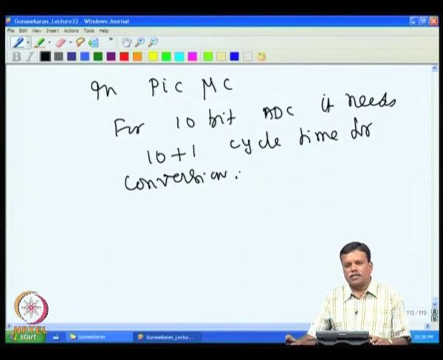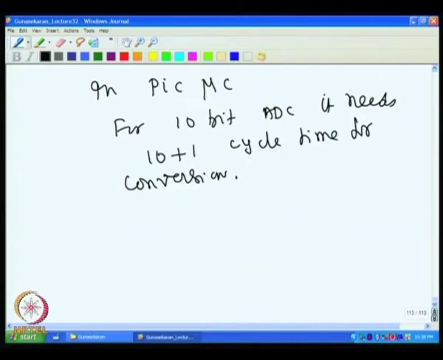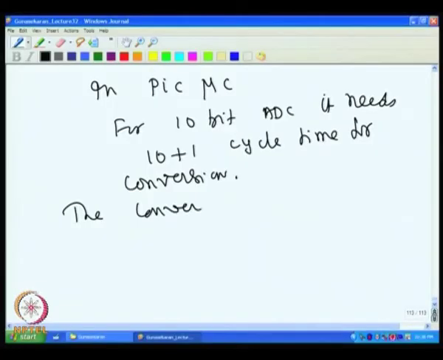So, at the end of every cycle, 1 bit of the conversion answer is available, because, as we discussed earlier, the conversion is done from the MSB, the most significant bit, onwards.